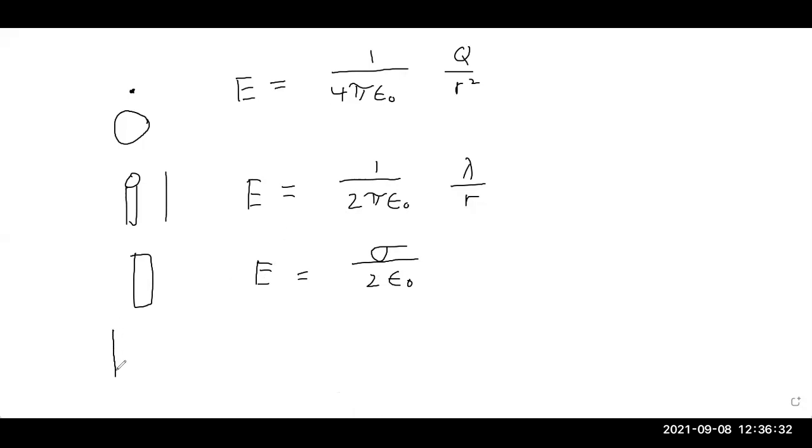And if you have the area between two sheets or near the bulk surface of a conductor, the electric field is just the area charge density over epsilon naught.